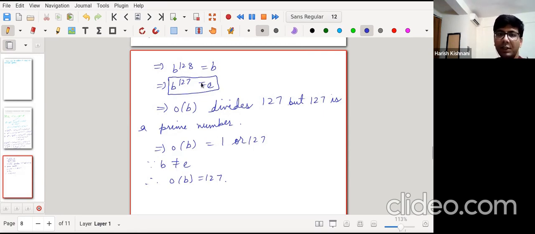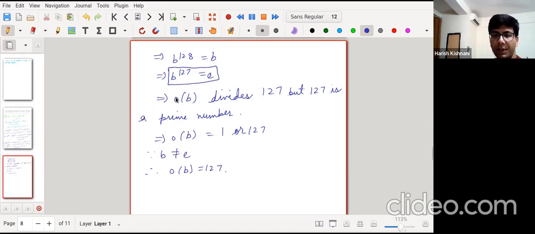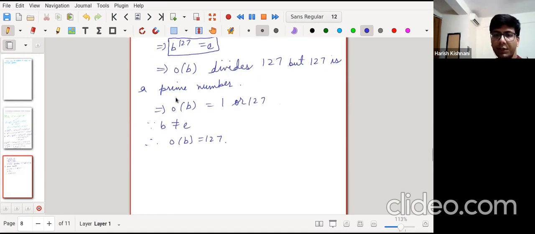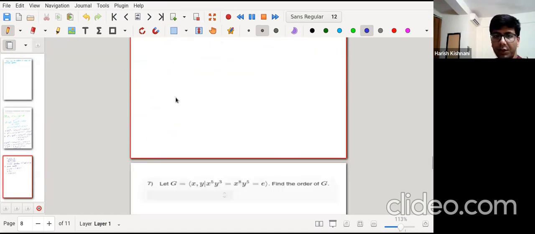And if in place of 127 you get some other number which is not a prime, then there may be more possibilities. Then it depends on what options are available and what extra condition is given in the question. But here it's just 127. Okay, then let's move to the next question.